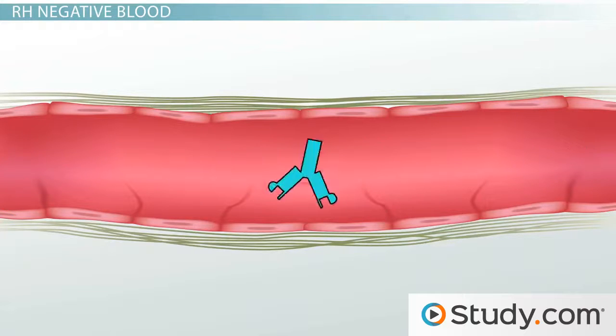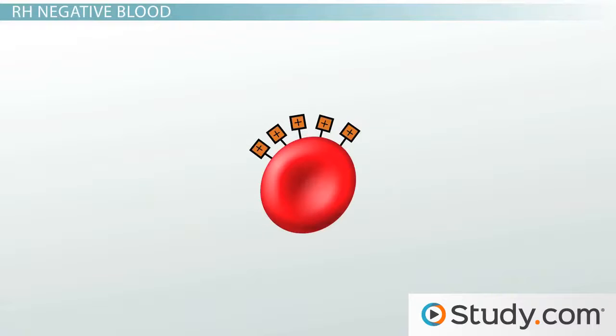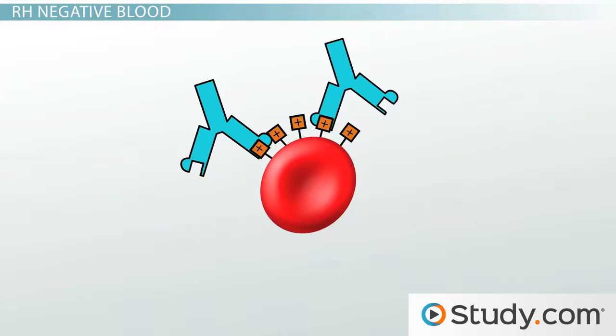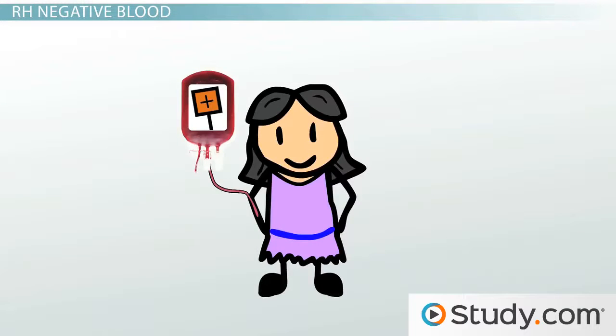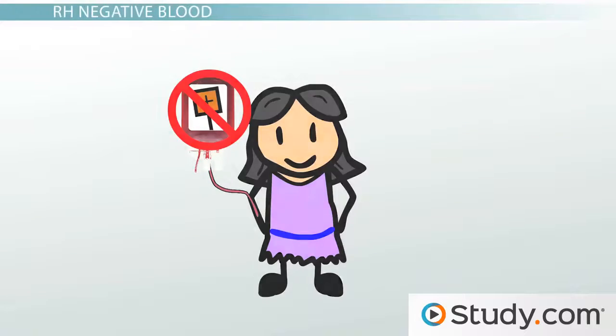The only significant point is that because the antibodies are now in her bloodstream, she can never again come in contact with Rh positive blood, or her antibodies will attack. It's almost like she gets a free pass for her first exposure to the wrong blood type when you talk about Rh factor. However, this first exposure sets you up for problems if you ever get the wrong blood again.